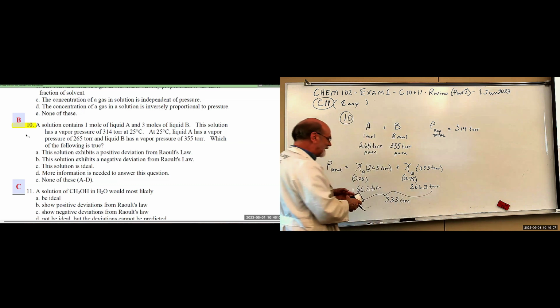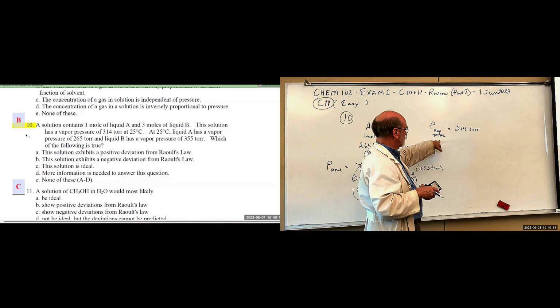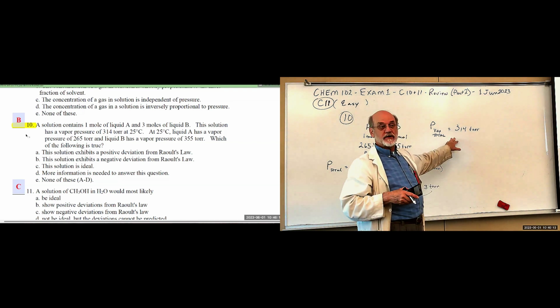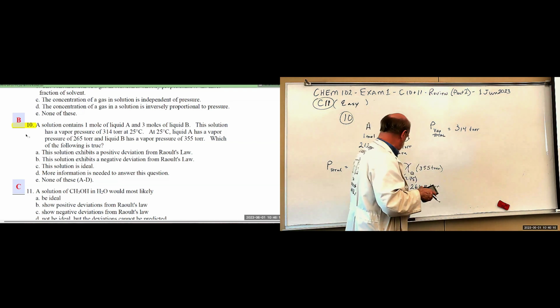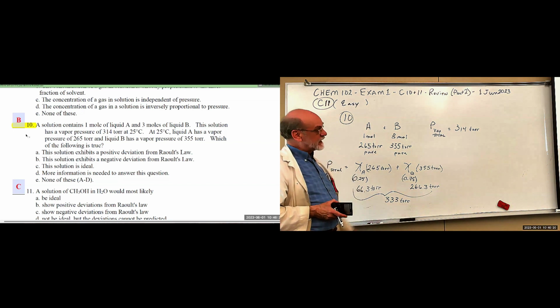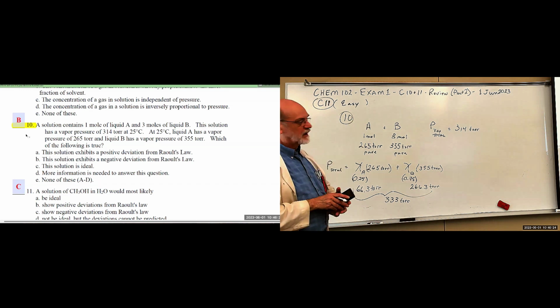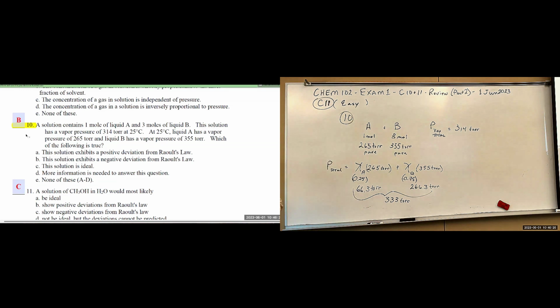That would be the ideal, right? The measured total vapor pressure of this mixture is 314. That's a negative deviation, isn't it? So the negative deviation is B. It's a negative deviation from Raoult's law.